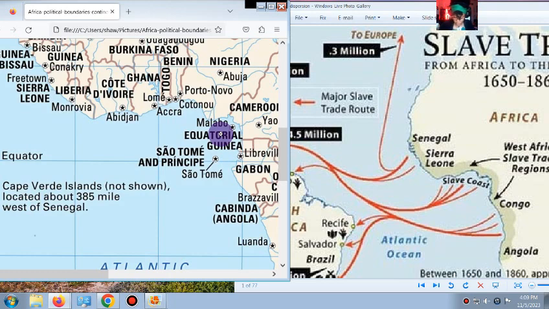These are the names of the ethnic groups in 1650 when they went to take us from these areas and bring us from West Africa to the Americas.